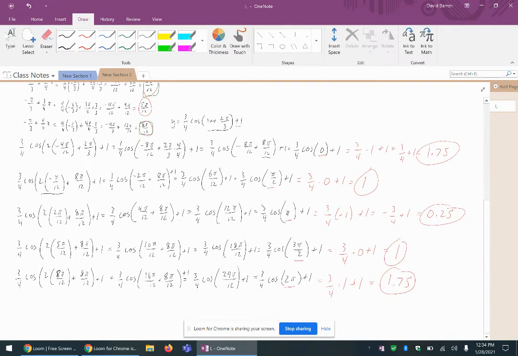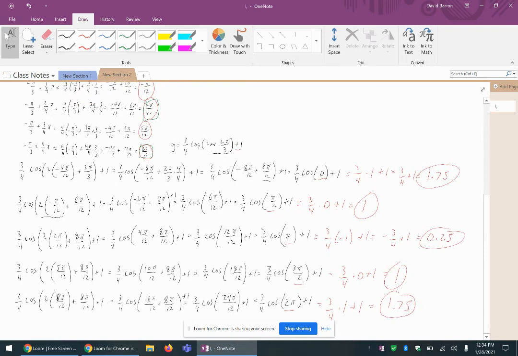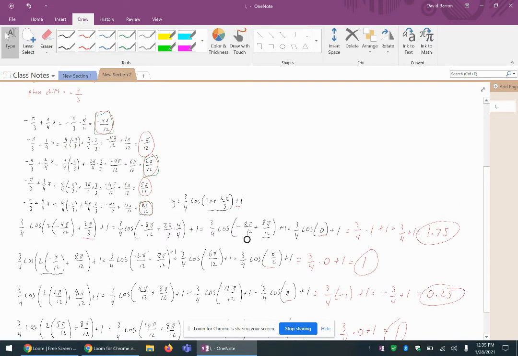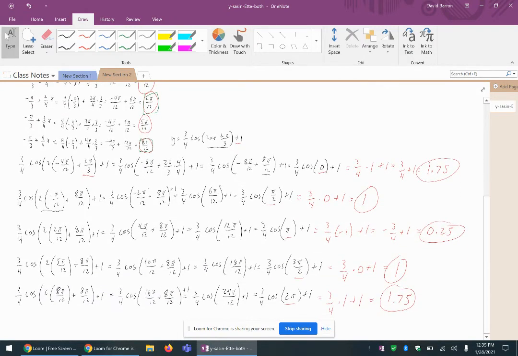Might have actually been wiser to reduce those, because then I would have had a common denominator with the thirds that were in here. Depending on the problem you have, sometimes you will not want to reduce those, because sometimes you would lose the common denominator with the b. So just make sure you pay attention to that.